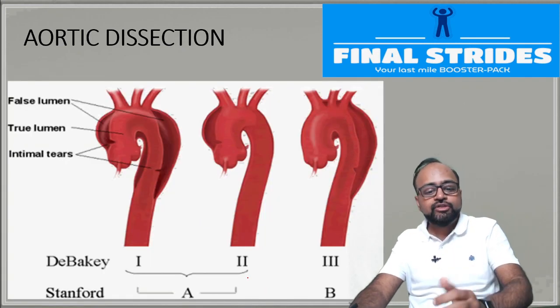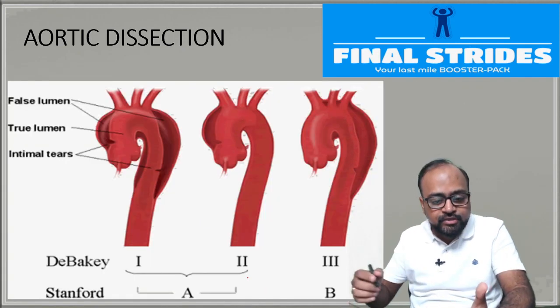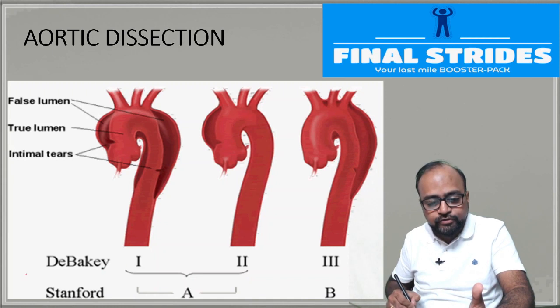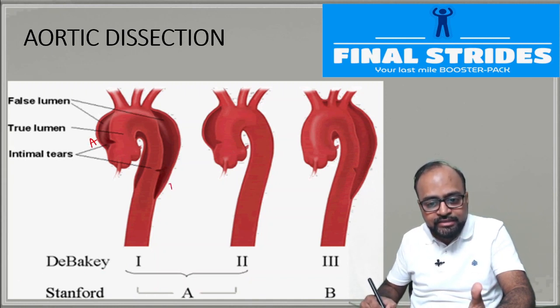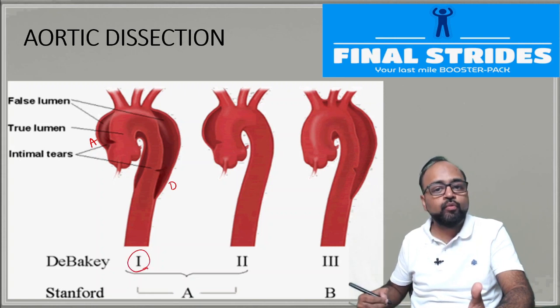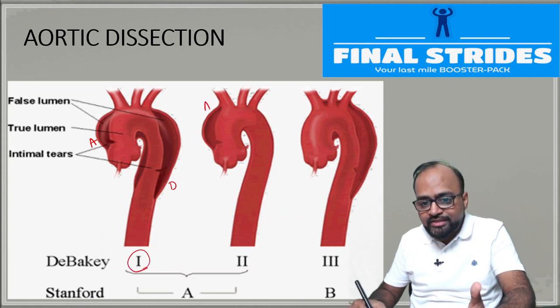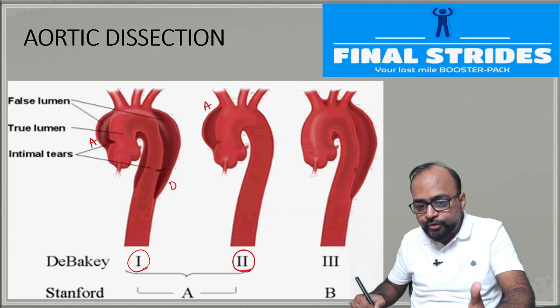Alright, so now let us look at the classification system. It can be DeBakey or Stanford. Let us first focus on DeBakey. If both the ascending and descending aorta are involved, it is called DeBakey 1. If only the ascending aorta is involved, it is called DeBakey 2.